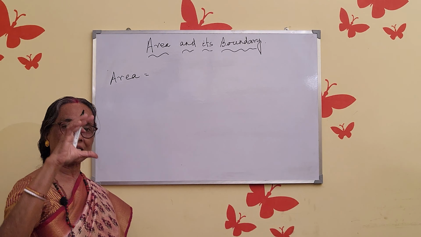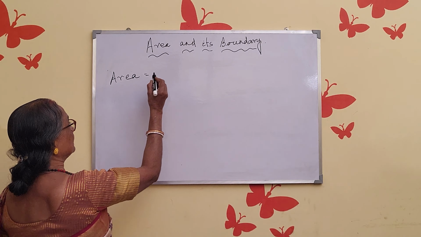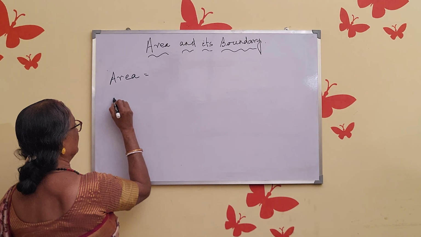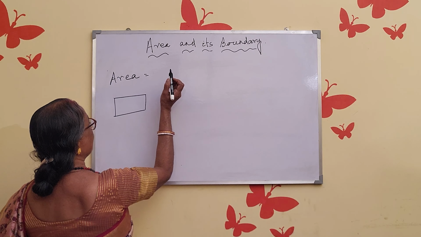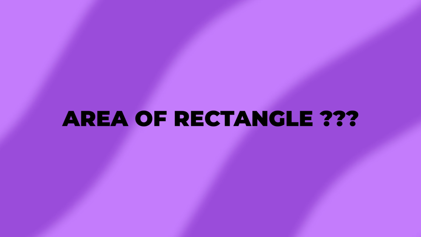Now, area is the amount of space enclosed in the shape. That is area. This is one rectangle. Area of a rectangle is length into breadth.